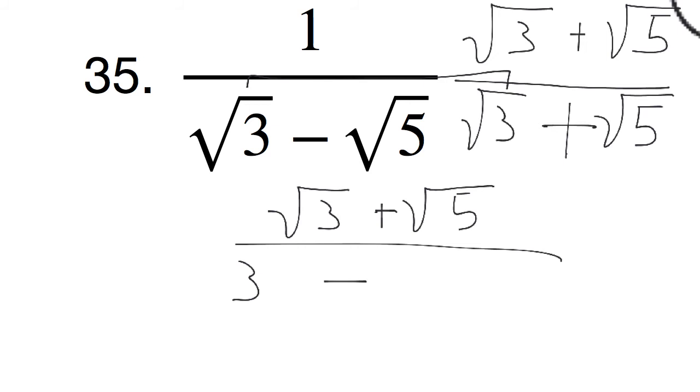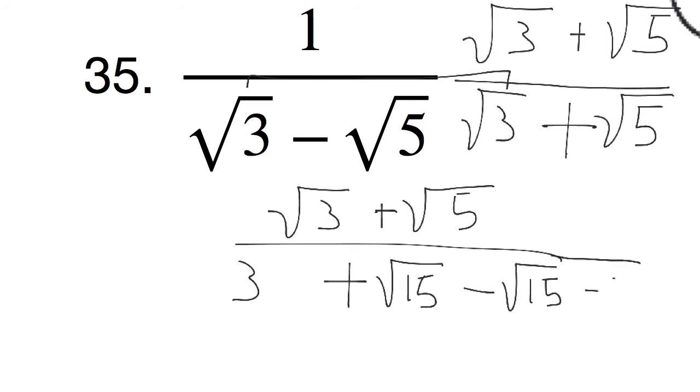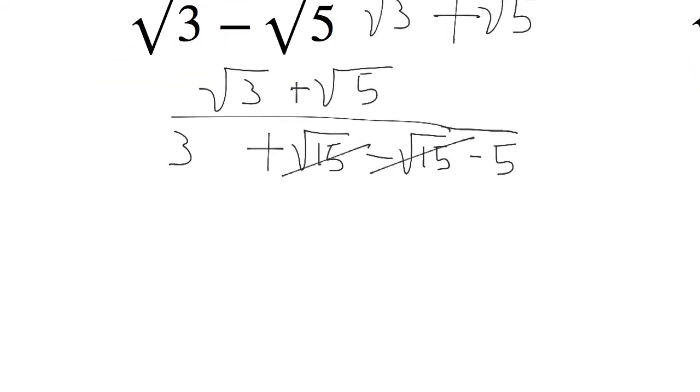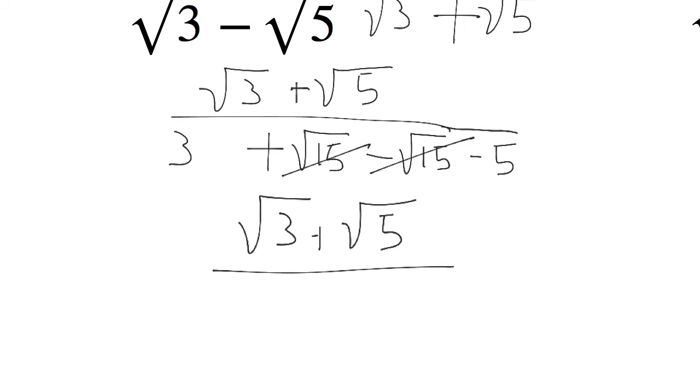First, outside, inside, and last. So this simplifies down to, because these cancel, because you chose a conjugate pair so they would cancel, 3 minus 5, which is negative 2.